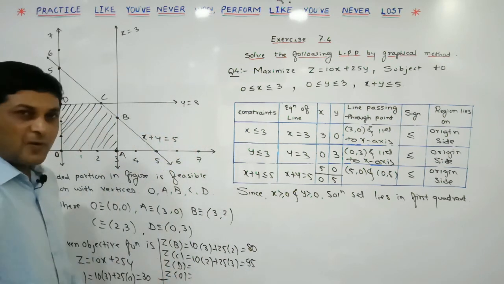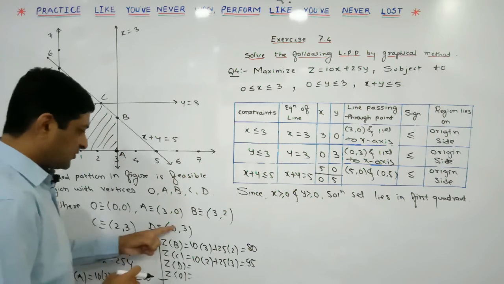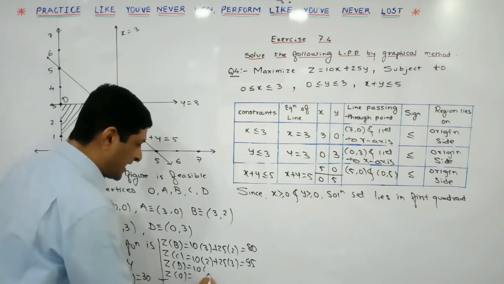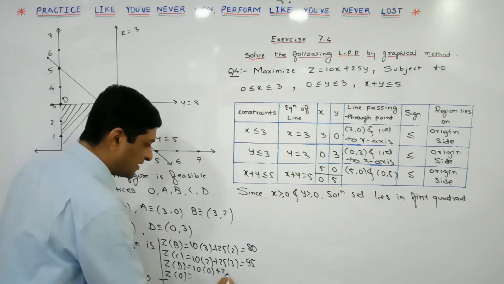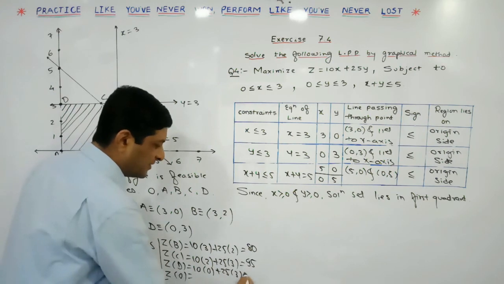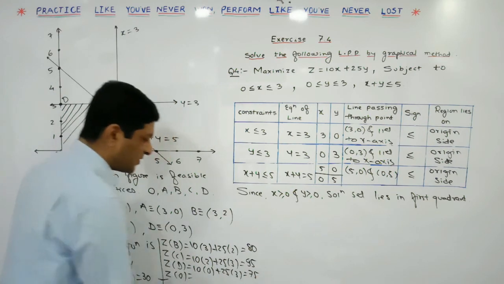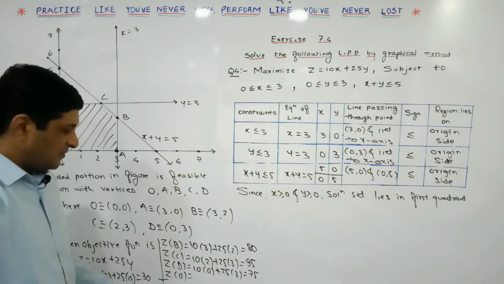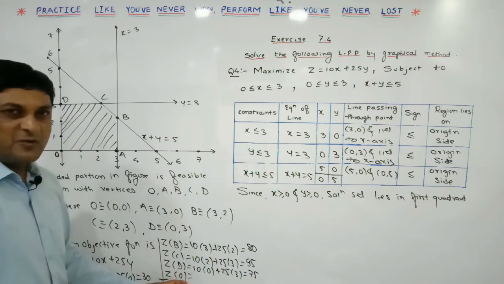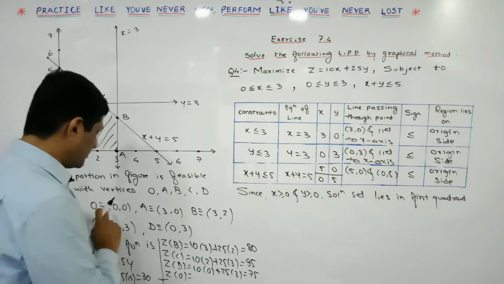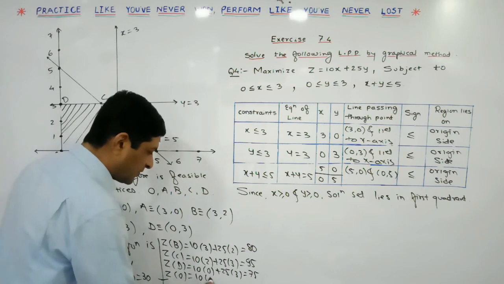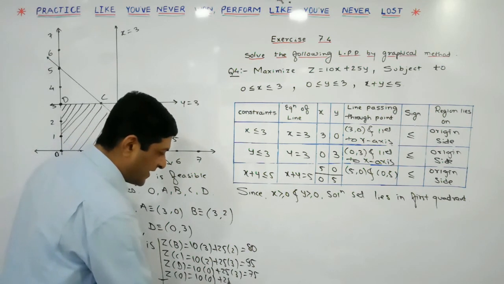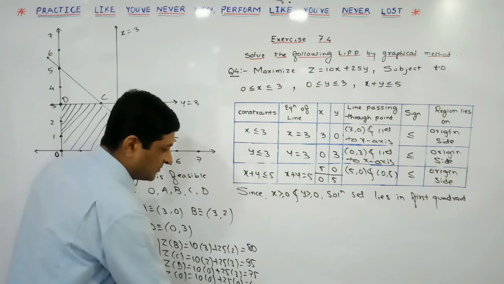Then find the value at vertex D, where the coordinates are (0, 3). So 25 times 3 is 75, because the first term becomes 0. Now lastly, find the value of the objective function at vertex O. Its coordinates are (0, 0), so plus 25 times 0 is equal to 0.